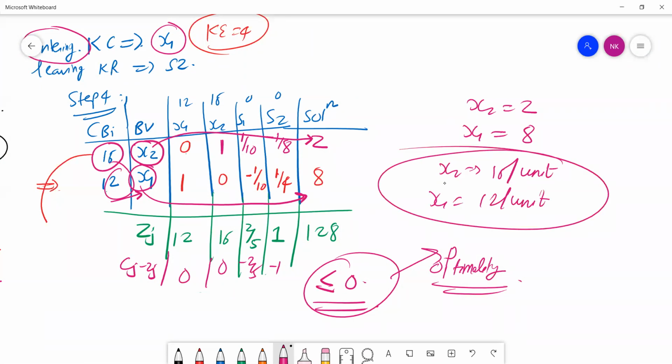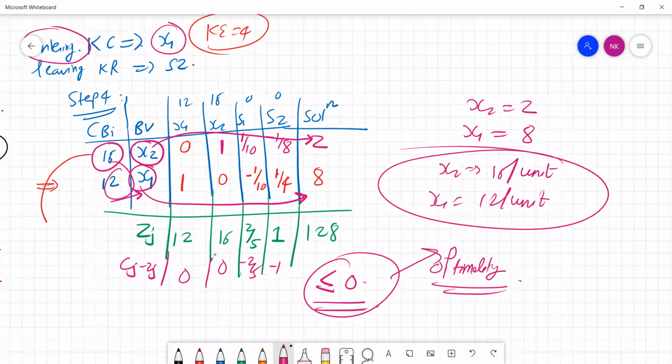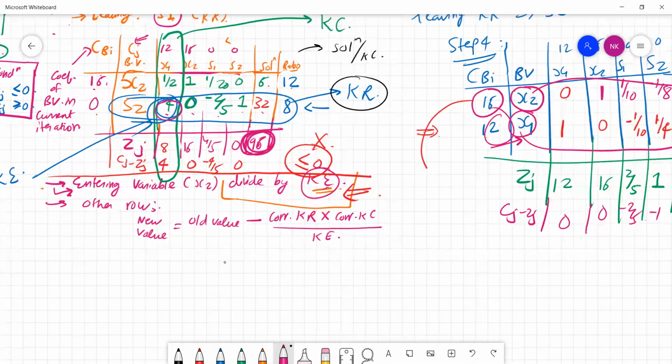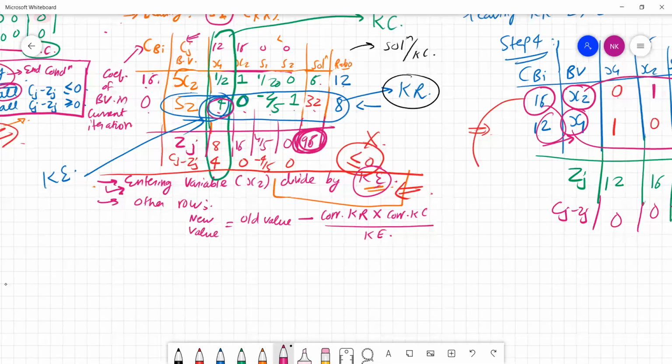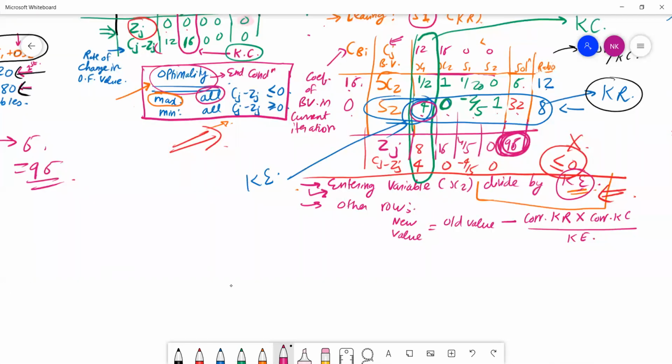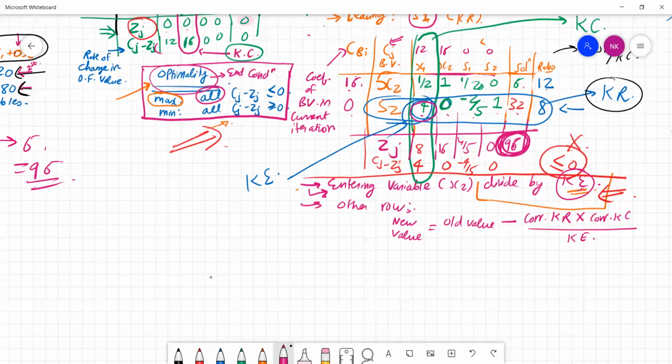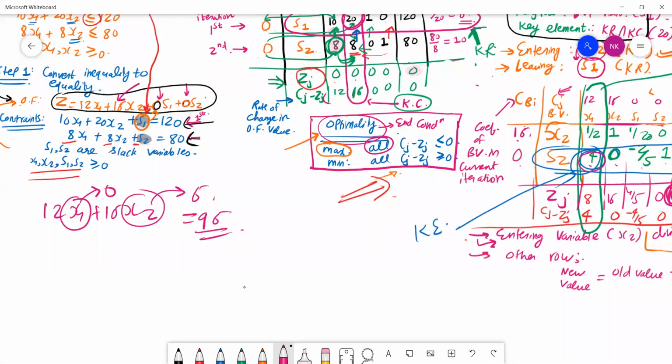And from this only we have computed our objective function. So you just put these values in the objective function, 12x1 plus 16x2.